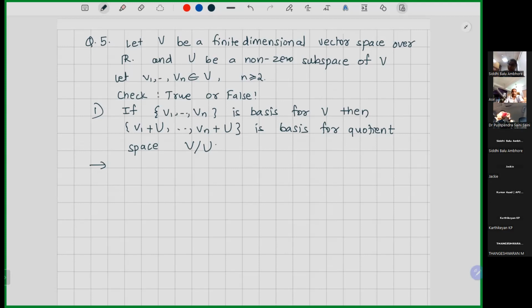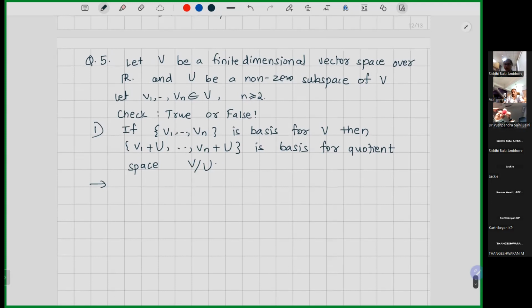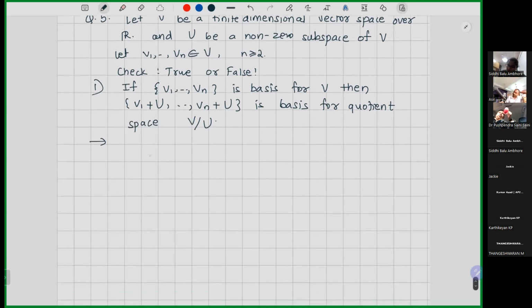Okay, so the answer is false, because if we have a basis for V, this need not be a basis for the quotient space V mod U. Because first thing is that we know the dimension of V mod U is dimension of V minus dimension of U. So this has to be a vector subspace, and they are given that U is a non-zero subspace of V. Okay, so note that since V1 to Vn is a basis of V, this implies the dimension of V is n.